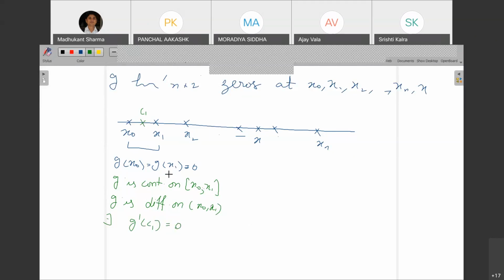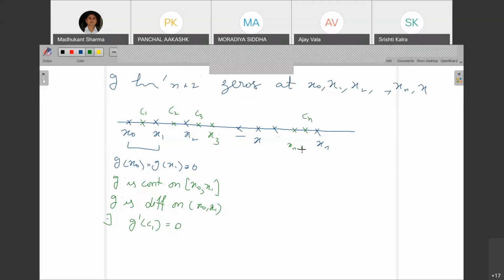Similarly, you can apply the same result on the next interval and get another zero c2, then another zero c3 of the g dash function, with x3 here, and so on, up to xn minus 1, where there will be some cn.